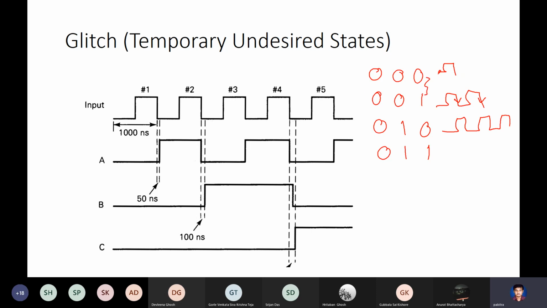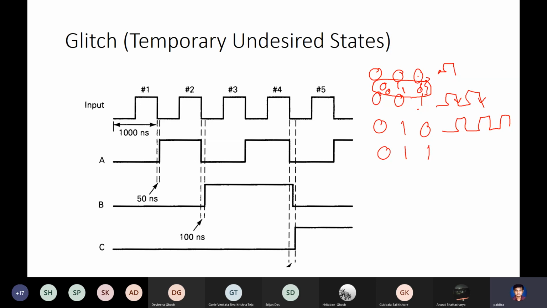Temporarily, I may have some undesired states for a small amount of time. This should go to this in the next clock cycle, but for a small period of time at the start of the clock cycle, two intermediate states are observed. They are temporary, and they go away after some time.